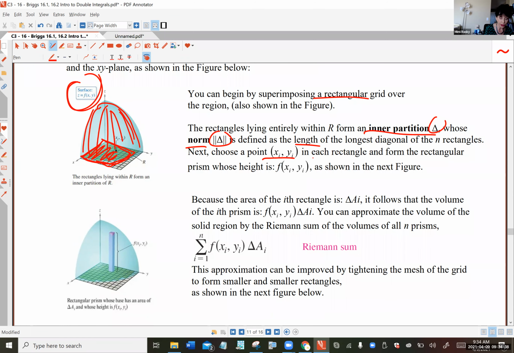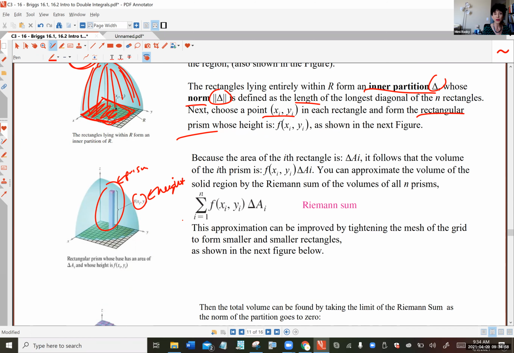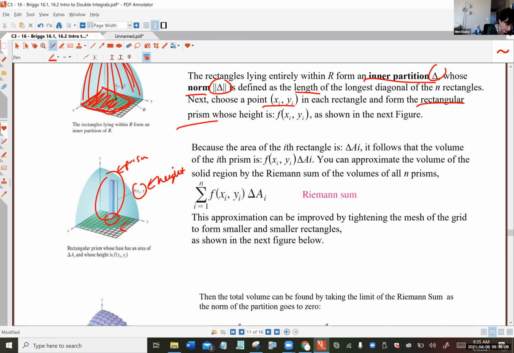Then you pick an arbitrary point, x sub i, y sub i, in the ith rectangle, like down here. And then you form a rectangular prism whose height is given by f evaluated at x sub i, y sub i. That's a z coordinate, essentially. That's your height. The volume of that little rectangular prism is basically length times width times height, where the base down here is width times length, and this is the height.